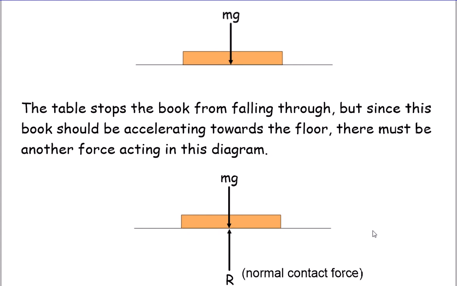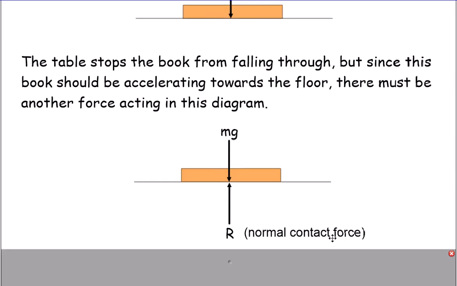And if you're standing still, so you haven't jumped or anything like that, if you're just standing normally, then the normal contact force pushing upwards is equal to your weight. Your mg, mass times gravity. So that's if things are just sitting still with nothing else going on.